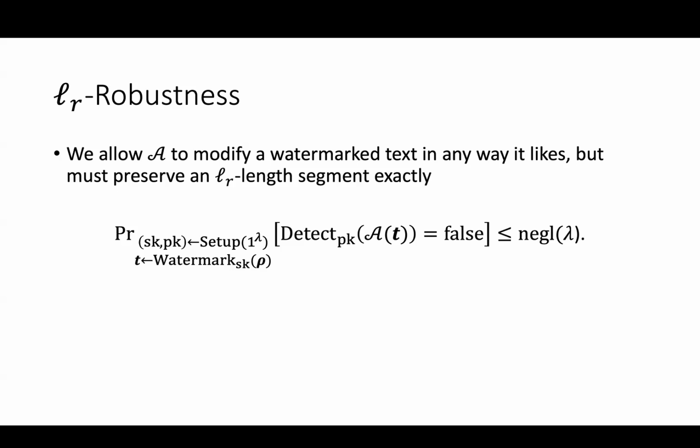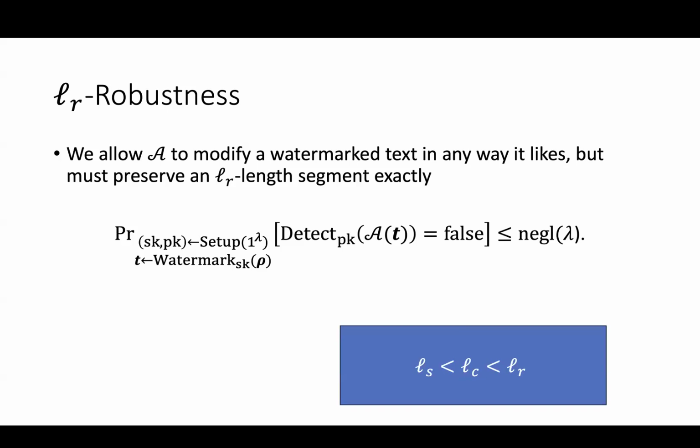And that's the robustness requirement. Note that you can add words and so on. One way to destroy a watermark would be to change a word every LR words. That would not preserve the watermark. So there are still some limitations.